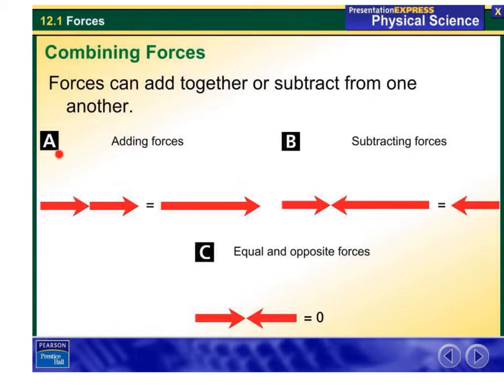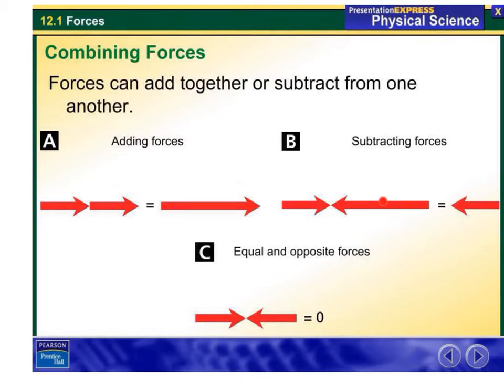In example A, we have the exact same force, but rather than going against each other, they are going in the same direction, which just produces a much stronger force going to the right. In B, we see an unequal force, a somewhat small force against a larger force, producing a smaller force going to the left.